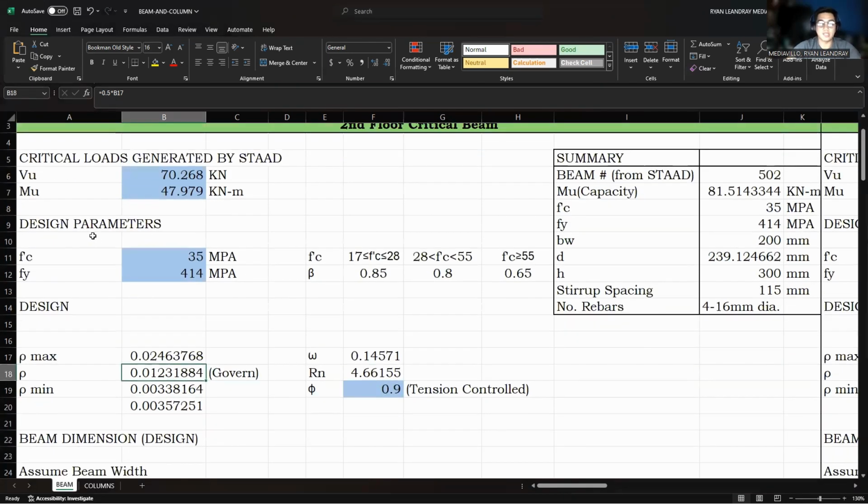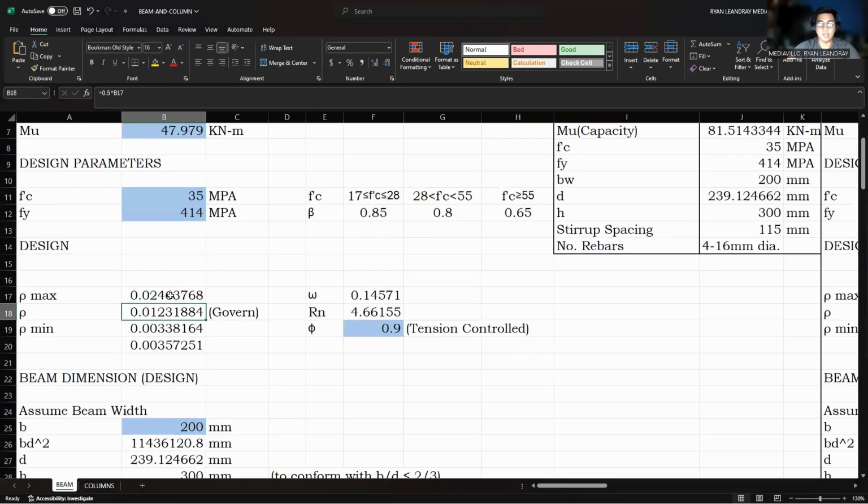And as for the design parameters, the designers or the group have decided that we will use 35 MPa to maximize the design, and also for the strength of the steel, which is 414 MPa, to also maximize it. And as for the rho or the steel ratio for the beams, I have decided to put 0.5 or half of the rho max.